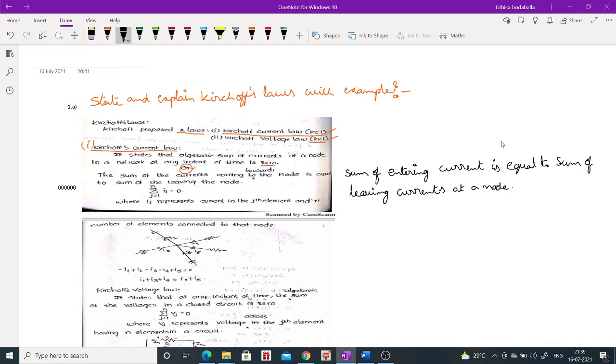Here we have illustrated Kirchhoff's current law with an example. So let us draw this. I have a node. What is a node? A node is the connection point of two or more elements. So I have elements like this.